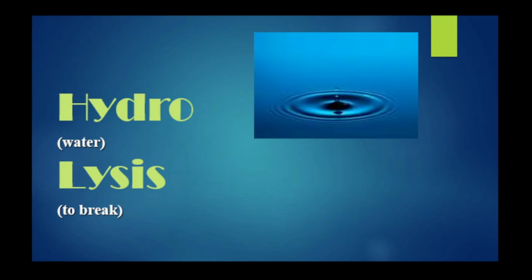That's why there is hydrolysis, to break that polymer or peptide bond, to produce another type of molecule or macromolecule.